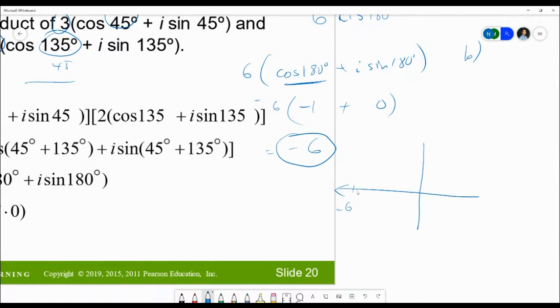Remember that the real value is on the x-axis, whereas the complex is on the y. So any number that's on this line is going to be a real number. Any number that's anywhere else is a complex number. Got it. And it's a resultant vector. So when you take the product of numbers, it becomes a resultant vector. Okay, I think I get it. Thank you.